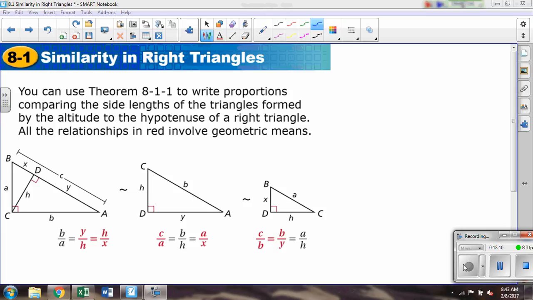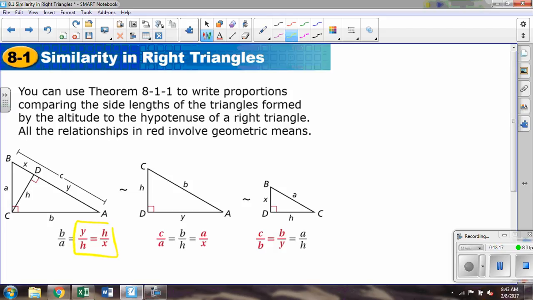And you'll notice in certain instances, for instance here, do you notice how H and H are on one diagonal? H and H, this altitude, is the geometric mean for X and Y. We will be able to use these two pieces to figure out H. That's one of the types of problems that we will be able to do now.